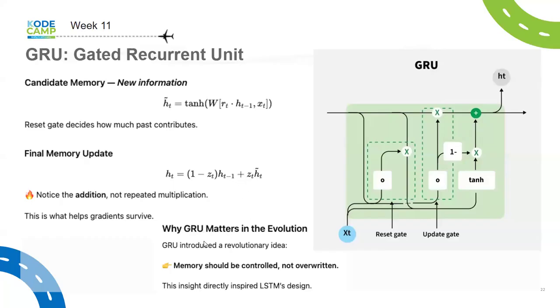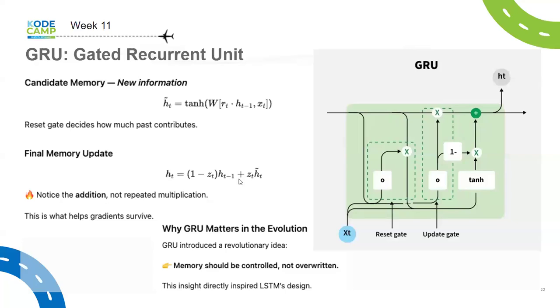GRU matters because it introduced a new idea: instead of trying to overwrite memory, you control it. First of all, with this reset gate, which is gating how much of the memory comes in. And then the update gate determines the proportion.